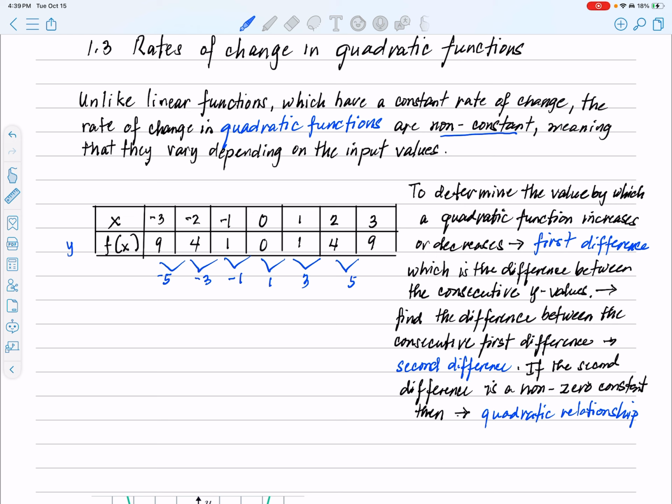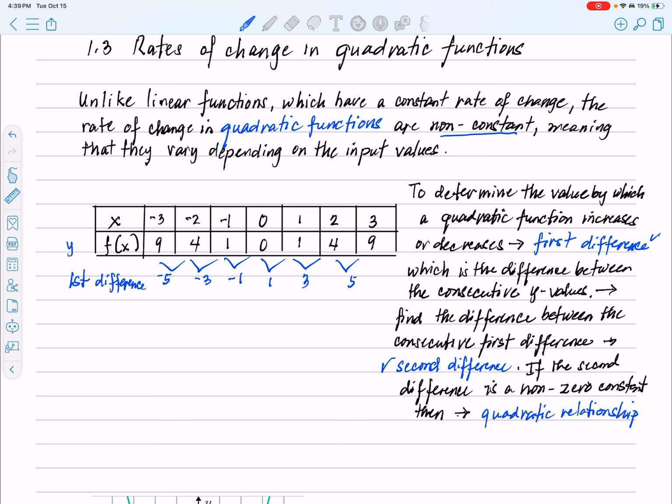The second step is we have to find the second difference. So our first difference is negative 5, negative 3, negative 1, 1, 3, and 5.